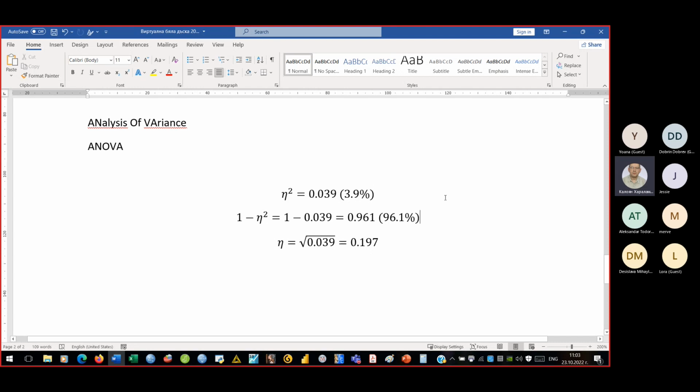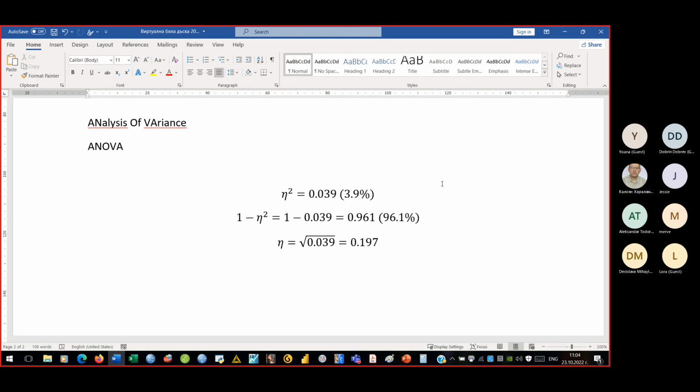Our conclusion will be the same because almost 4% of the variance of optimism is explained by marital status.